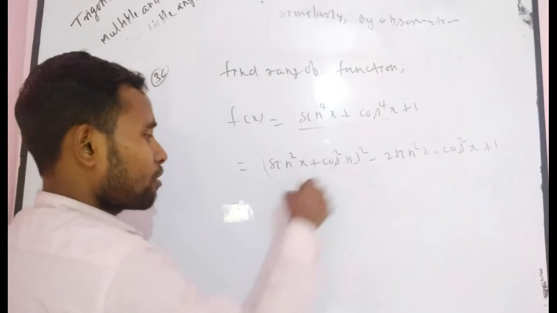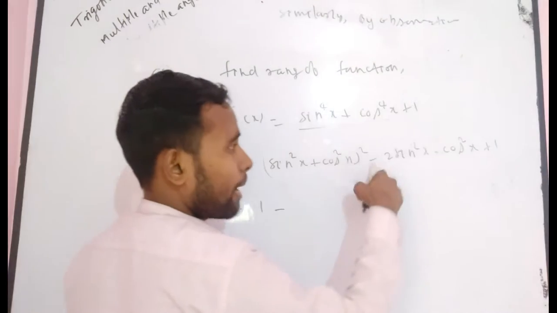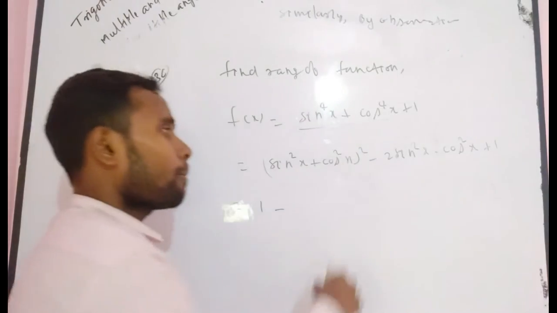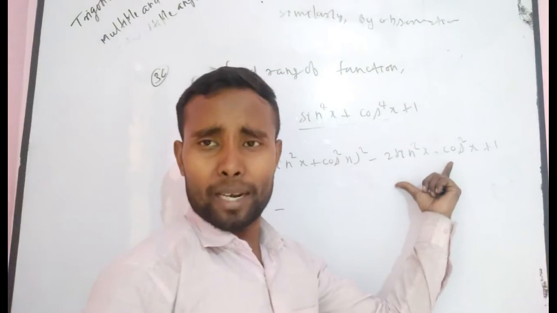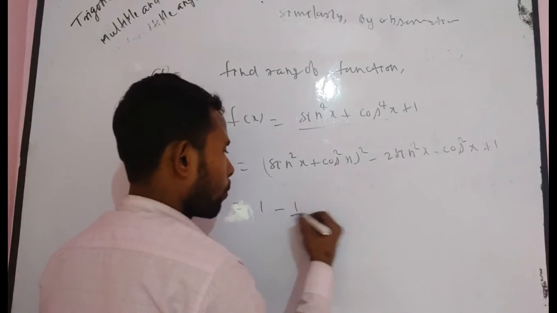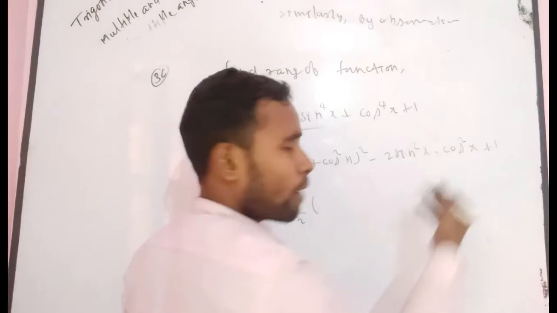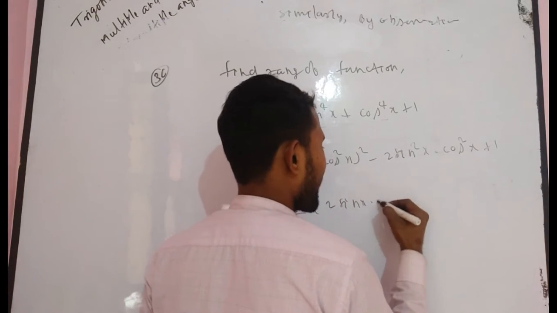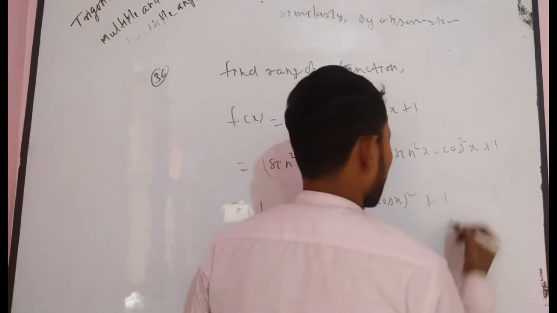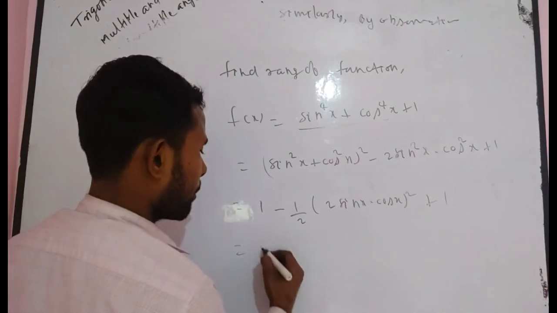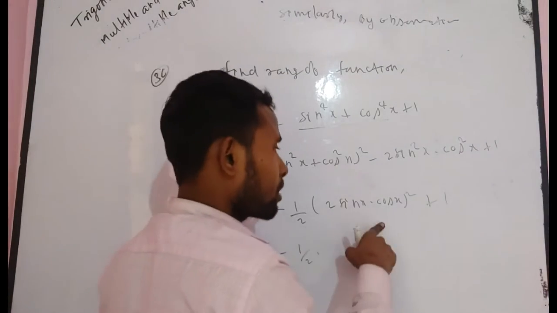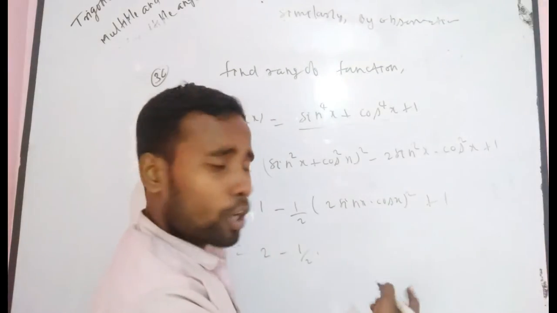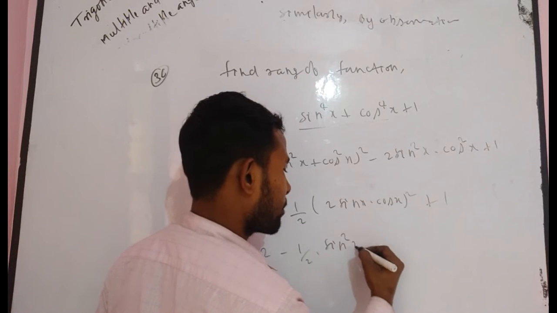Now this value will be 1 and you get minus 2 sin square x into cos square x. If you multiply this term by 2 and divide by 2, you get 1 upon 2 into 4 sin square x into cos square x. 4 sin square x into cos square x will be (2 sin x into cos x) whole square, plus 1. Now as you know, 1 and 1 will be 2, minus 1 upon 2. (2 sin x into cos x) whole square will be sin square 2x.